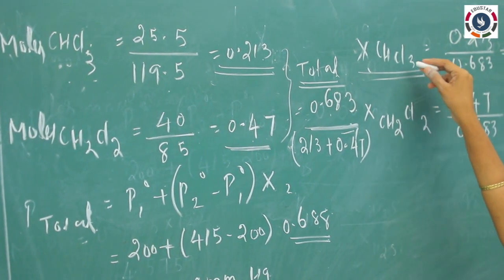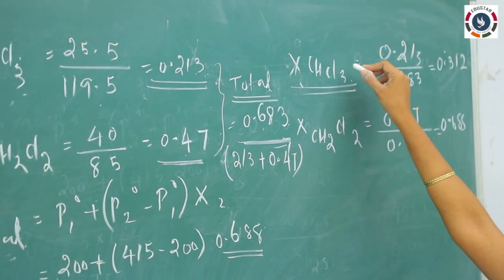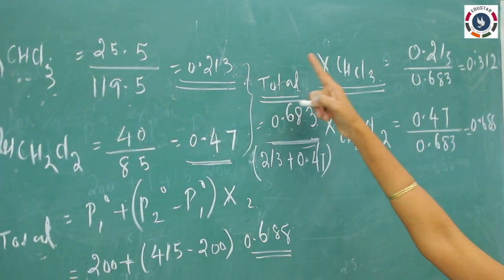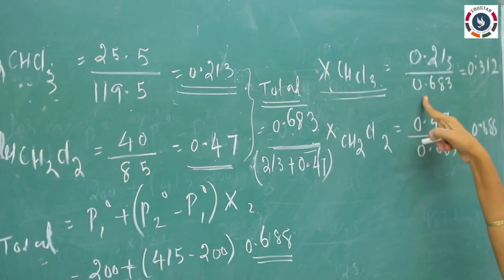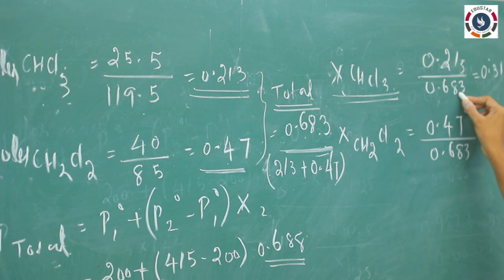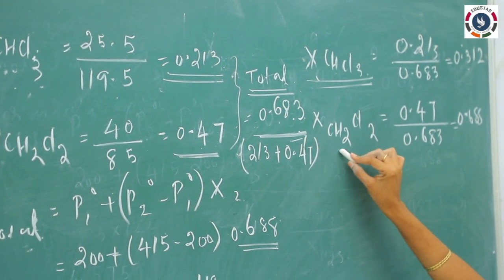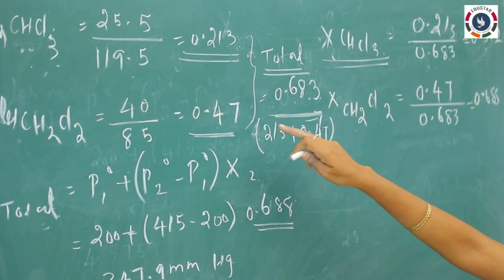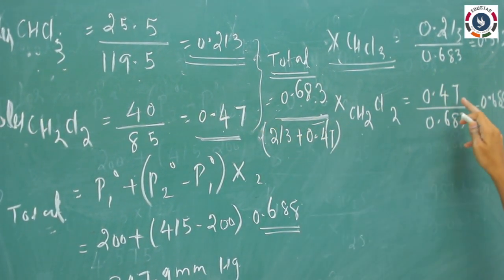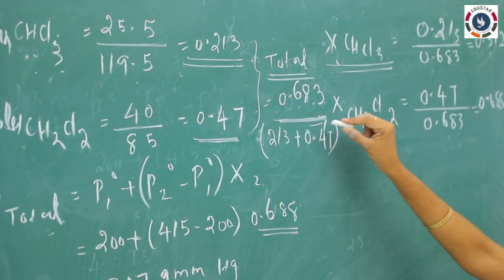What is the mole fraction of chloroform? Moles of chloroform, 0.213, divided by the total number of moles. The total number of moles we have found as 0.683. We are getting this value. Similarly, we can get the value for dichloromethane also: moles of CH2Cl2 divided by total moles, that is 0.683.